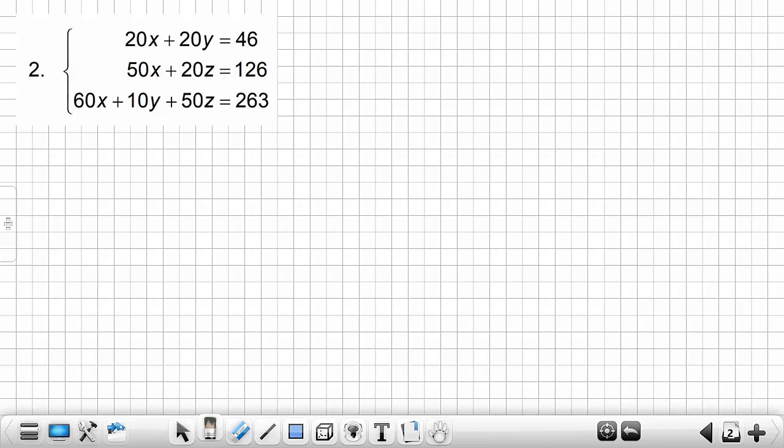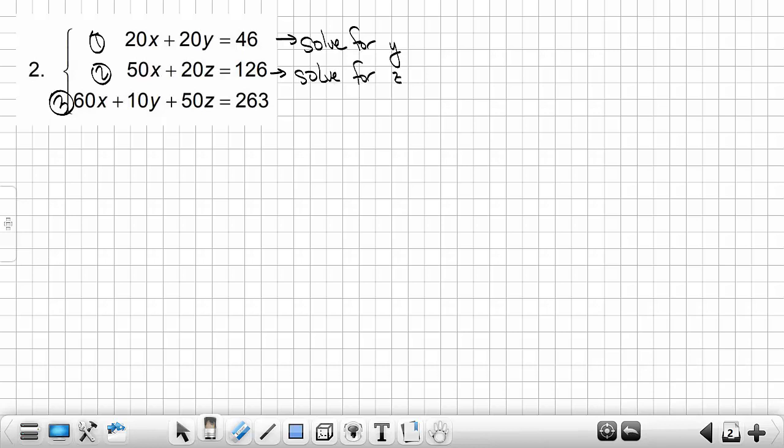So notice, guys, that x is in both the first and second one. So what we're going to do is solve for y and z. So on equation 1, we're going to solve for y. Now on equation 2, we're going to solve for z.